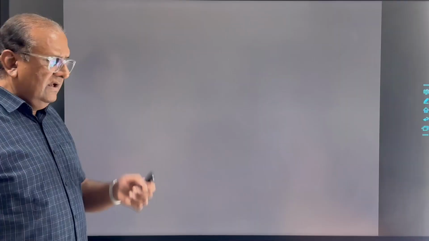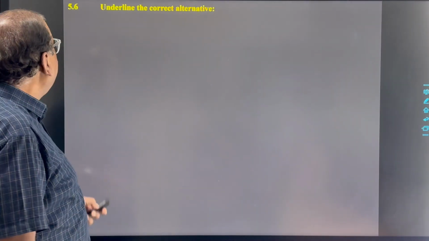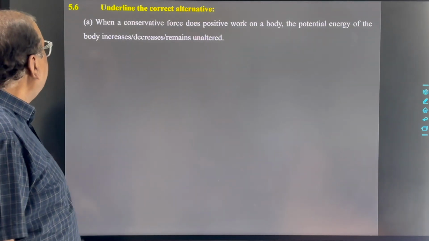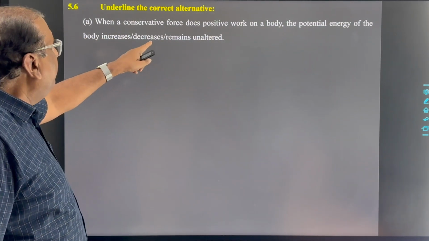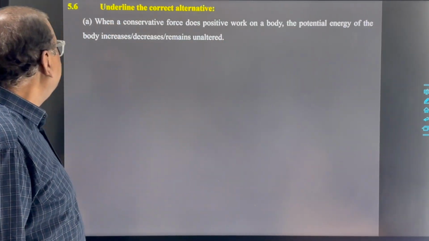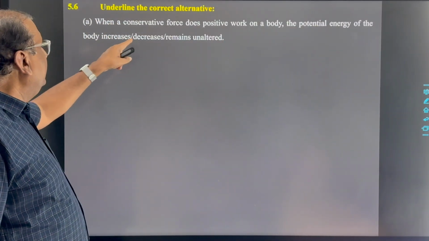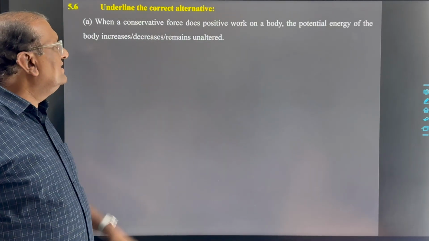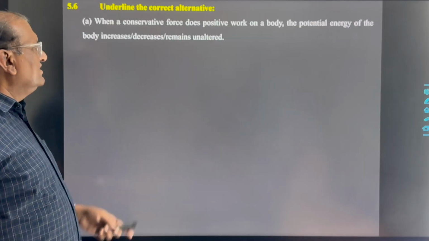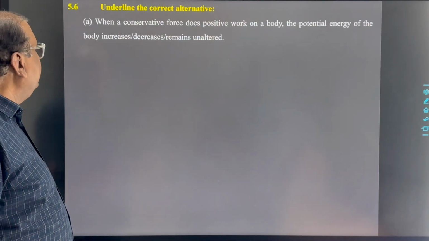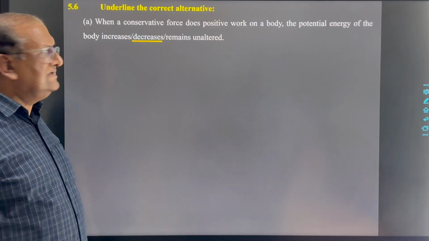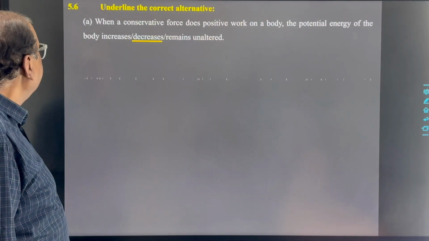Clear? Now next example 5.6, underline the correct alternative. A. When a conservative force does positive work on a body, the potential energy of the body increases, decreases, remains unaltered. So as per the theory we discussed, we can say potential energy here decreases because kinetic energy increases with positive work.